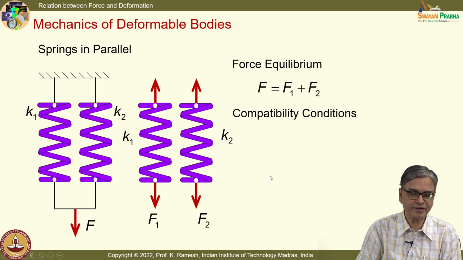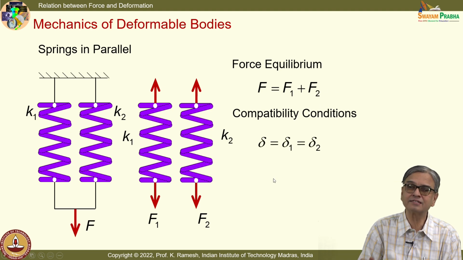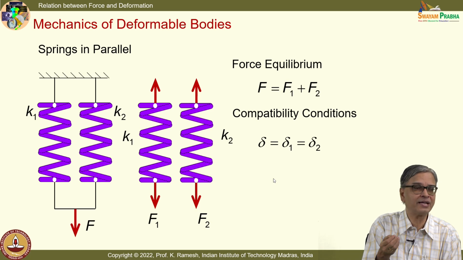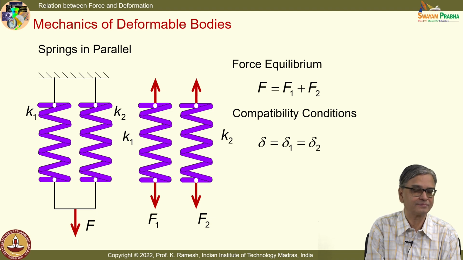So, the force equilibrium is straightforward. The force is shared by spring 1 and spring 2. The compatibility is that because the bar remains horizontal, both the springs have identical displacements.